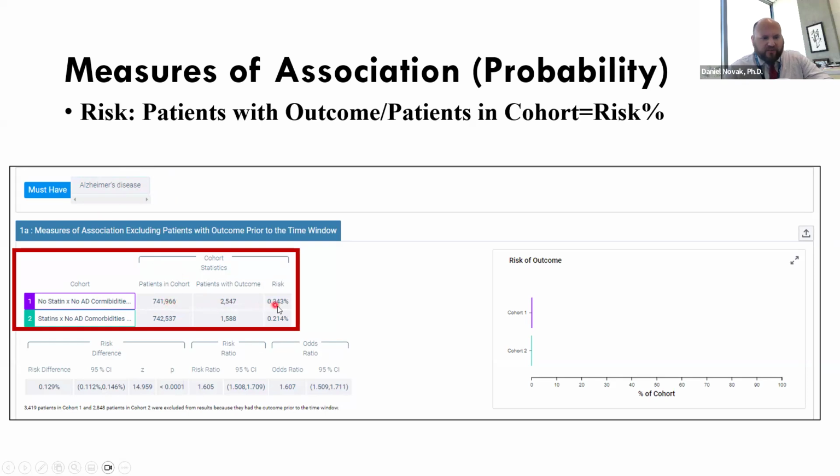So in the no statin group, 2,547 people get Alzheimer's, and you divide that by 741,966, and that gives you 0.343, give or take, considering that some of these things are rounded. A very, very easy number to compute. This is just the risk in the population. Super simple. And you can see it just kind of tiles across that way.